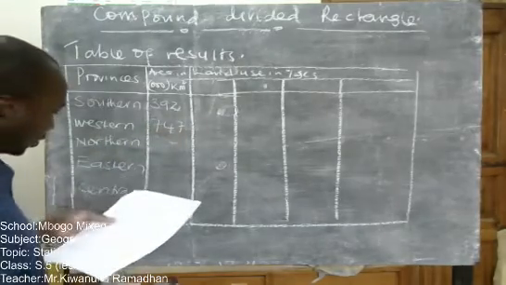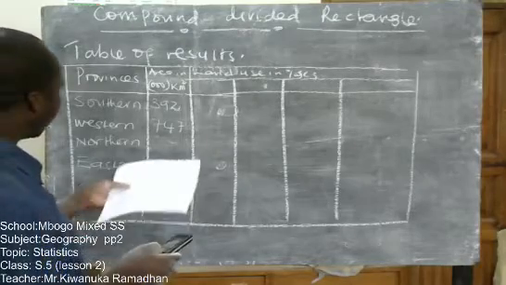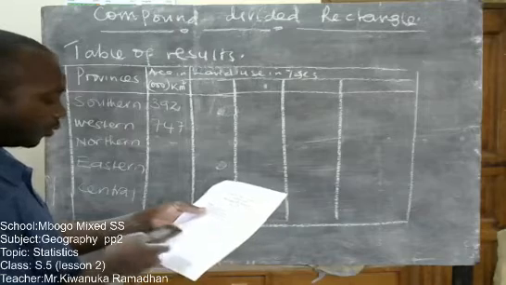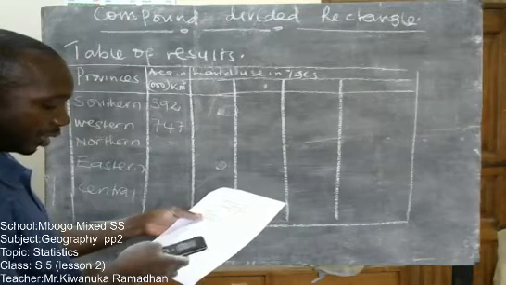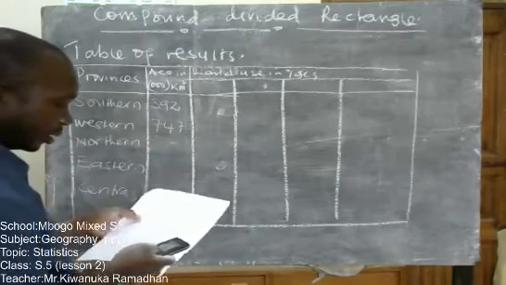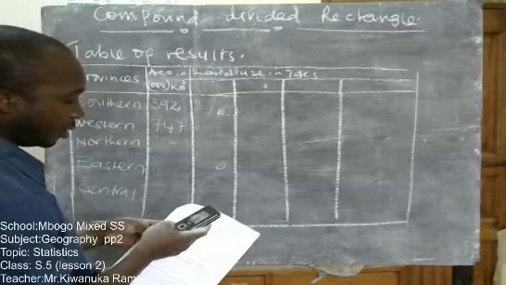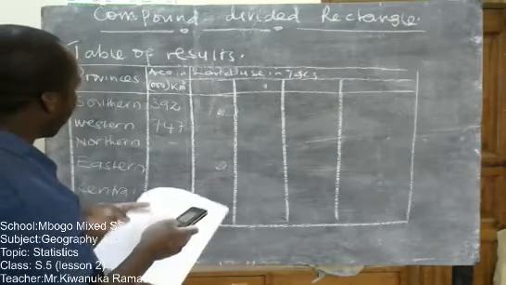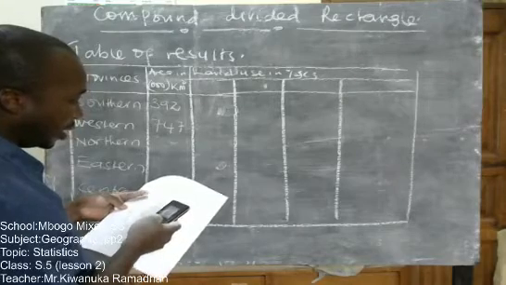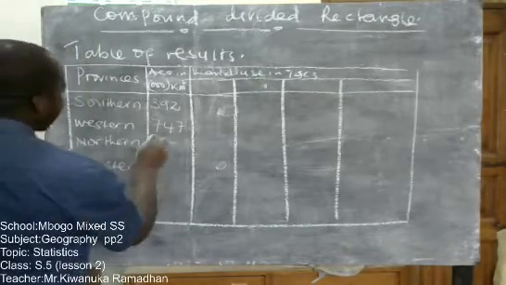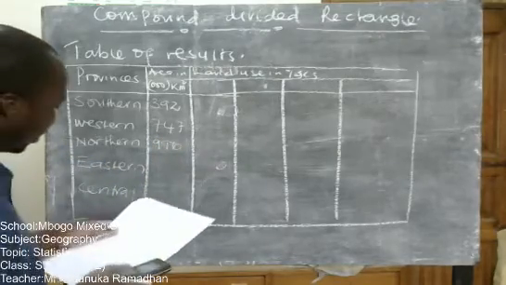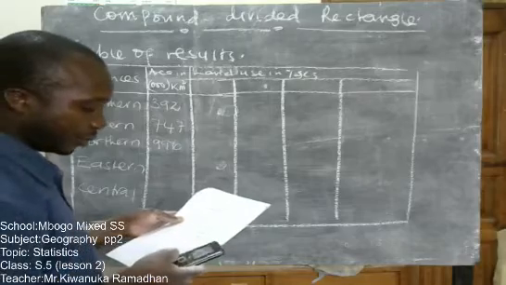747 we add. We are adding our northern, and when you look at northern, it is 248. 747 plus northern, which is 248. We are getting 996. 996, we add on eastern, which is 192.